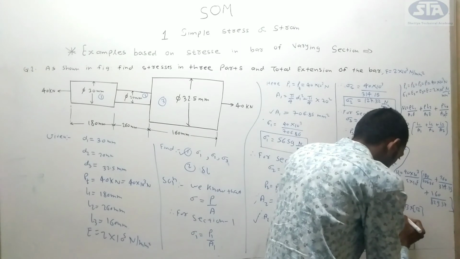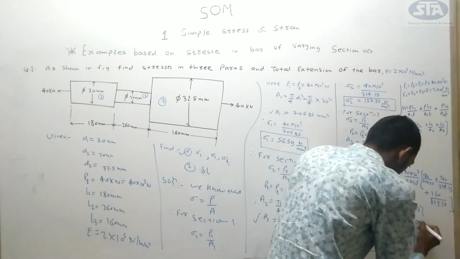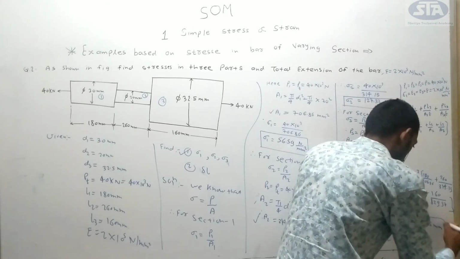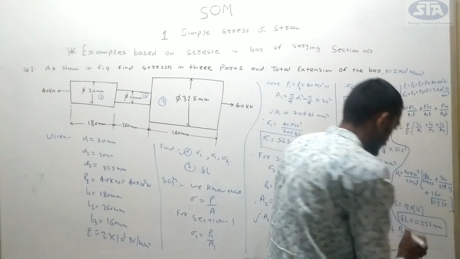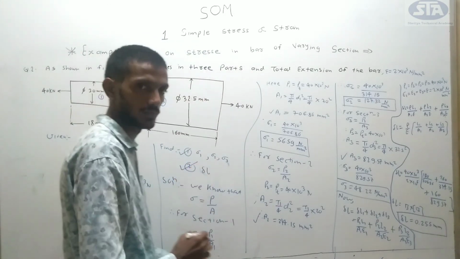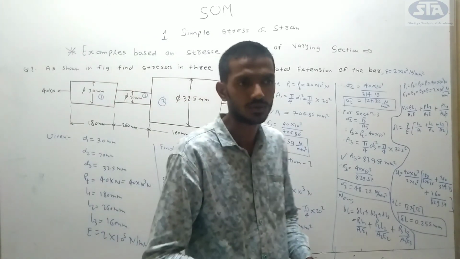After that multiplication, you will get delta L equal to 0.255 mm. So this is our required total change in length. Hence, our second approach is also completed. Okay, thank you.